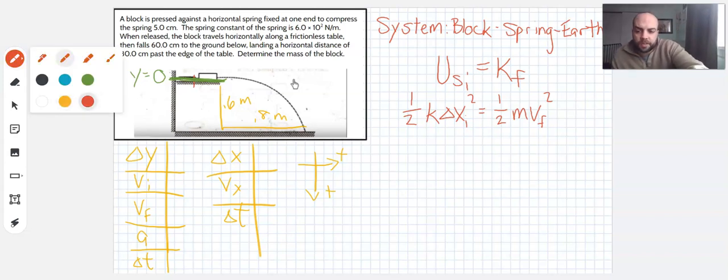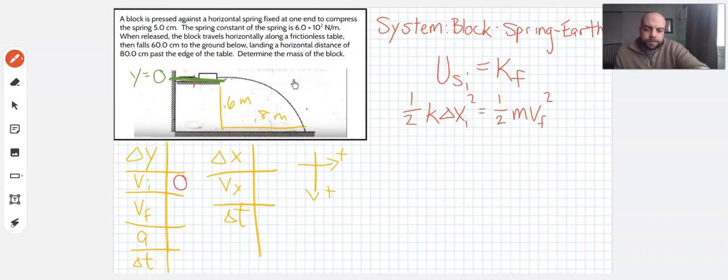I know the initial vertical velocity is 0, and I know the horizontal velocity is what I'm trying to find, so I know the acceleration is 9.8 meters per second squared downward, and we've got 0.6 meters of vertical displacement and 0.8 meters of horizontal displacement.